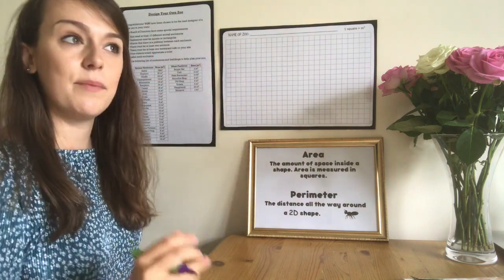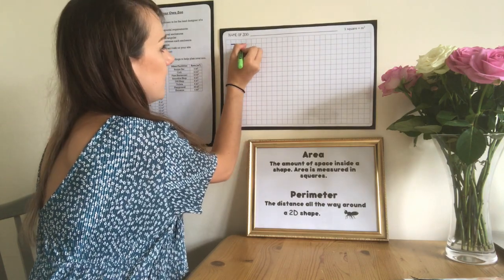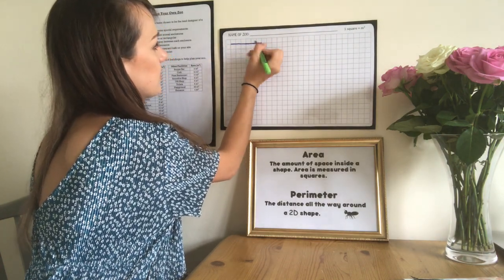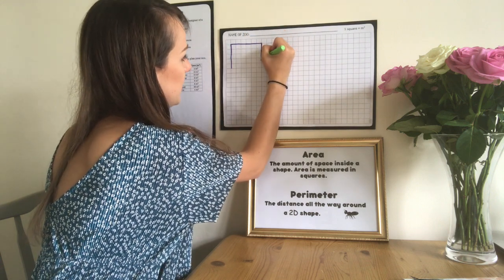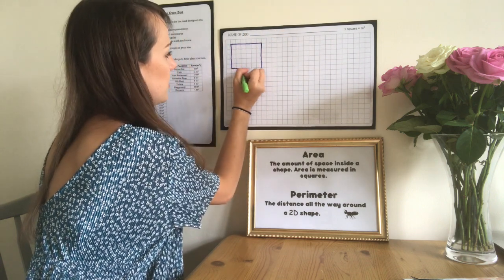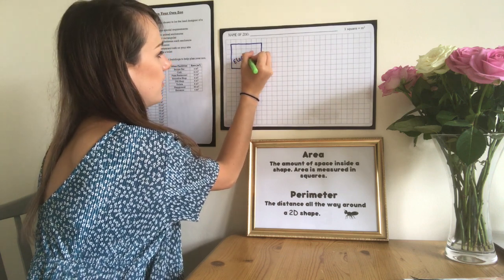And it did say it needs a pathway around each enclosure. I'm going to start here, so 6 by 5. So as you can see, that is quite a large enclosure. And then going to label that elephant.